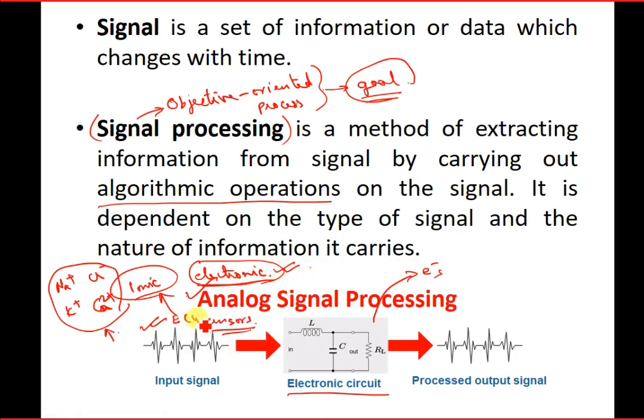So the ECG sensor converts the ionic signals to electronic signals.